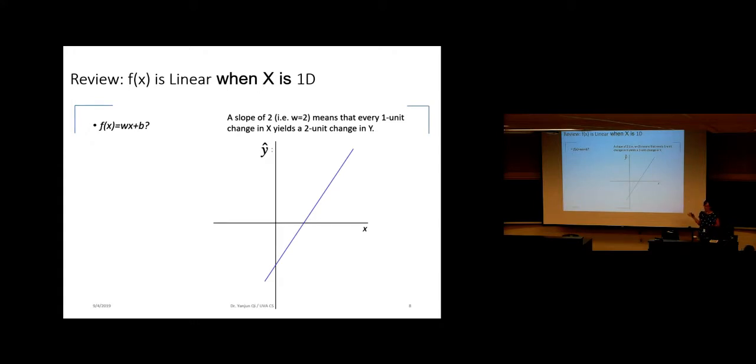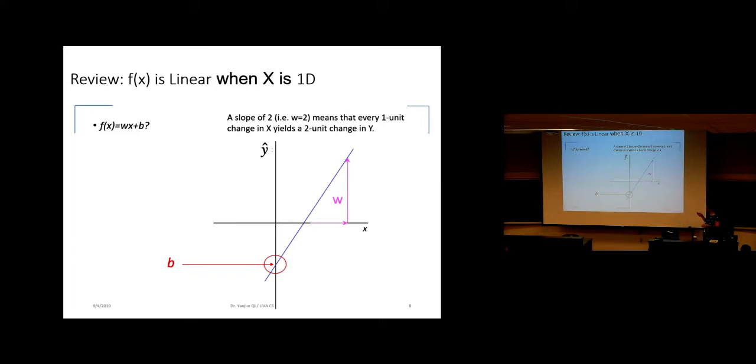That's what we mean by a linear model, a linear regression model, because the relationship is represented as a linear line in the 1D case. Hopefully, as you remember, the b parameter represents my y value when x equals 0. And the slope w represents, when x changes by one, how much y changes.